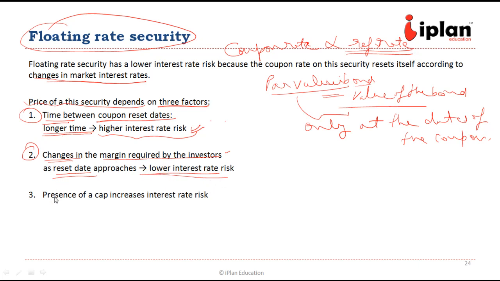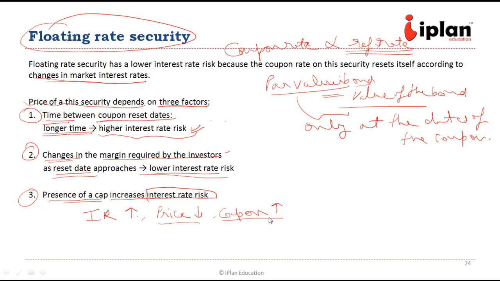And finally, the third is that the presence of a cap increases the interest rate risk. Let us see how. If the interest rate goes up, the price will fall. But since it is a floating rate security, our coupon is also proportional to interest rate. So the coupon will rise, and this is going to compensate for the price fall.